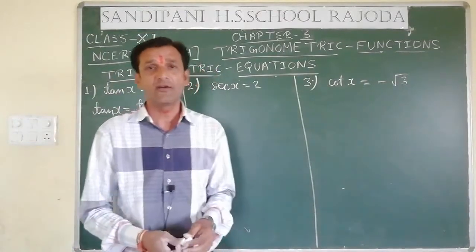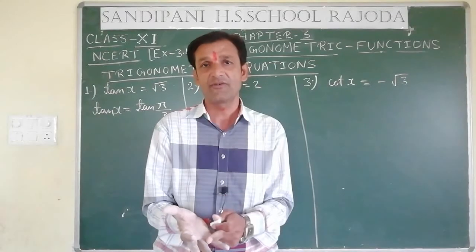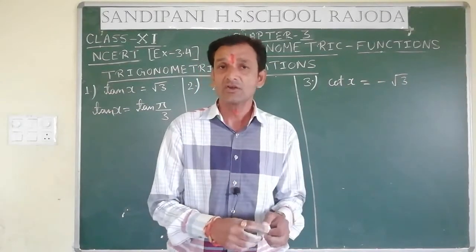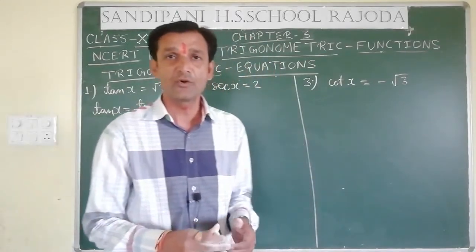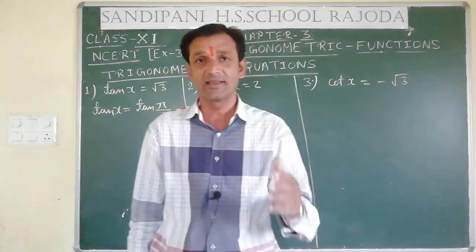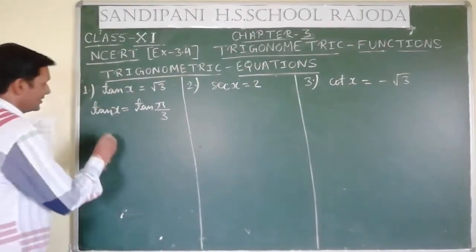As you know, in physics and chemistry, the system of international units, that is SI units, for angle the international unit is radian. So you will have to mention all answers in radians. So here tan x is equal to tan pi by 3. So x is equal to pi by 3.